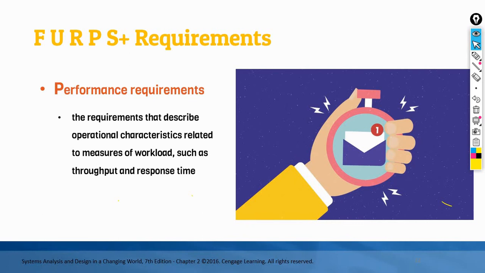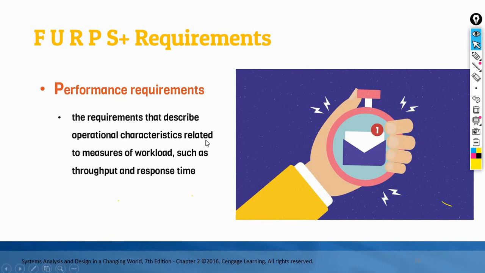Performance requirements describe the operational characteristics related to measures of workloads, such as throughput and response time. For example, the client portion of a system might be required to have a 0.5 seconds response time to all button presses, and the server might need to support 100 simultaneous client sessions with the same response time.